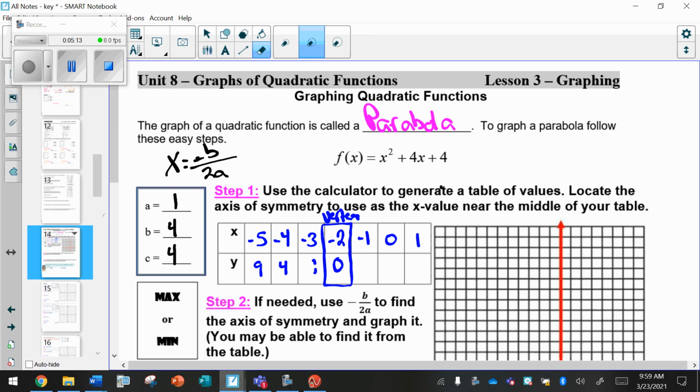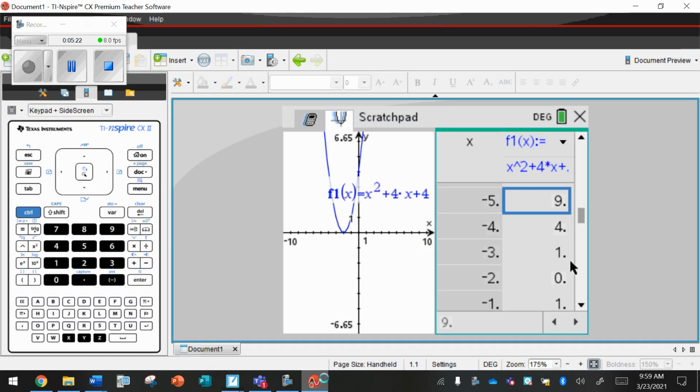So this will be positive 1. And then it starts counting back up: 1, 4, 9.